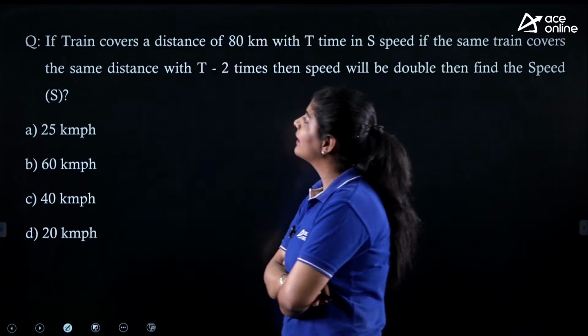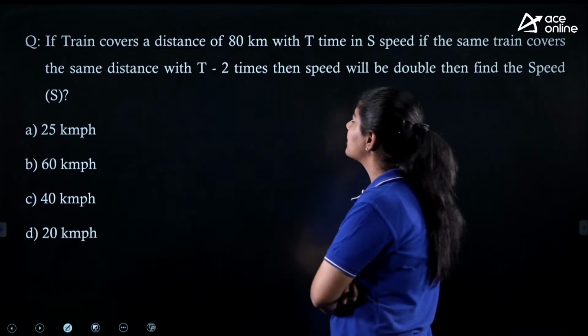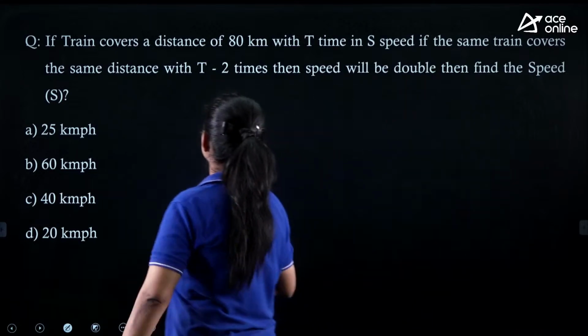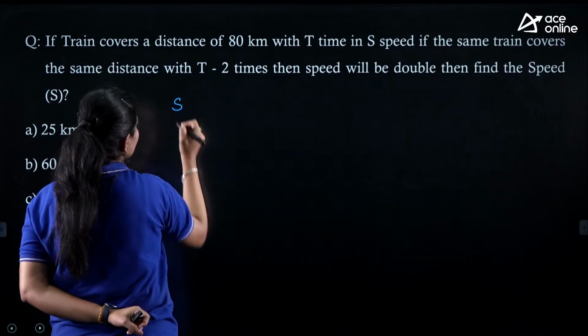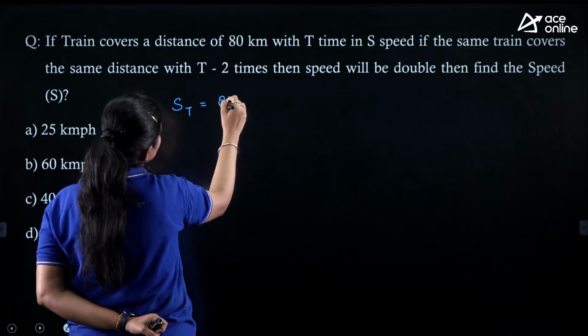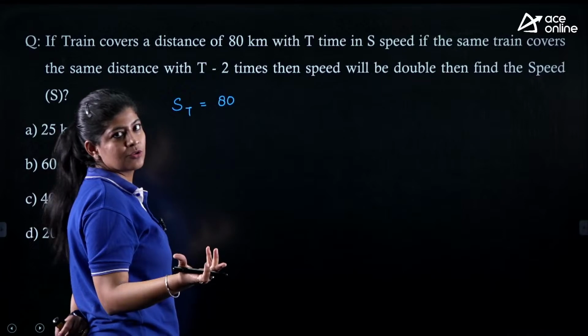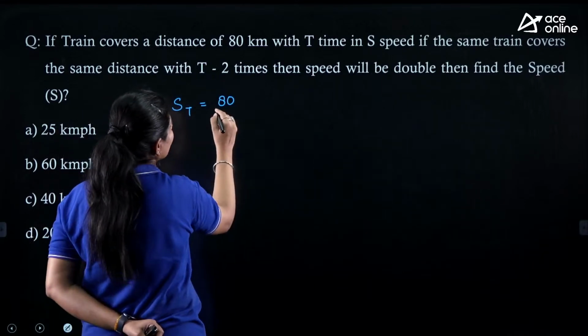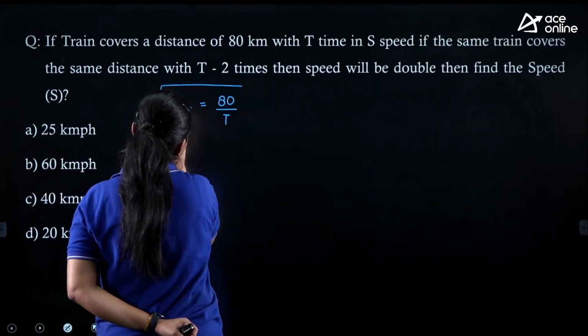The question says that if the train covers a distance of 80 kilometers, first we can find the speed of the train. So the speed of the train can be written as the distance of 80 kilometers over the time period t, right?